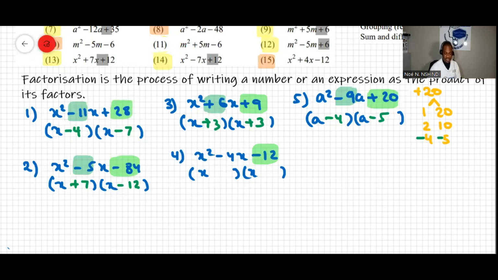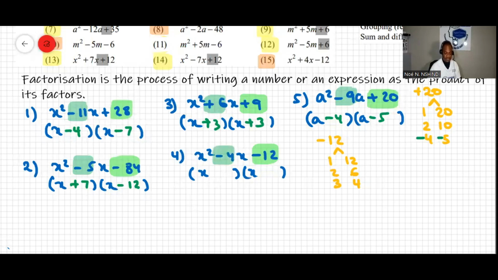I'll write here -12, and then I will list all the factors of 12. They are 1 and 12, 2 and 6, 3 and 4. Now, in the list of the factors of 12, there must be exactly one couple that will make a sum equal to -4.